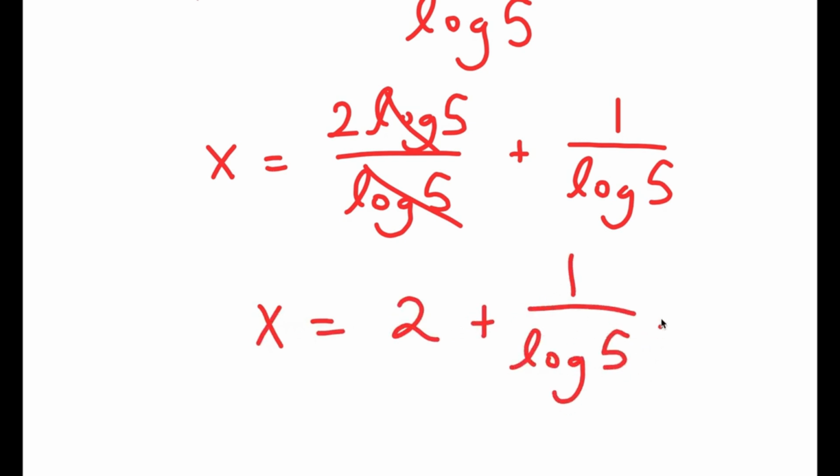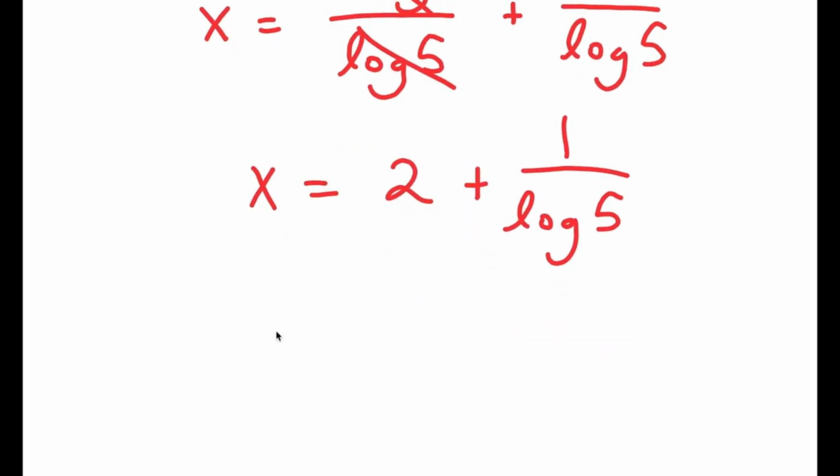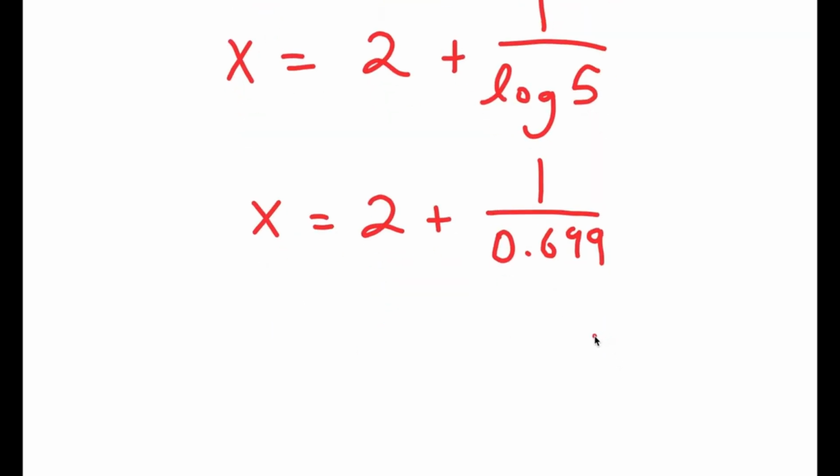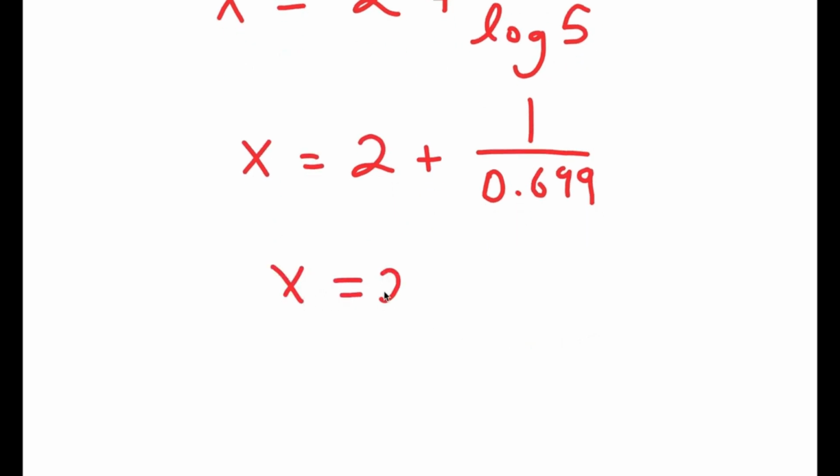And although this is an exceptional answer, I want the exact answer, so I'm going to find the value of log 5. And log 5 is equal to 0.699, meaning 1 divided by log of 5 is going to equal 1.43.